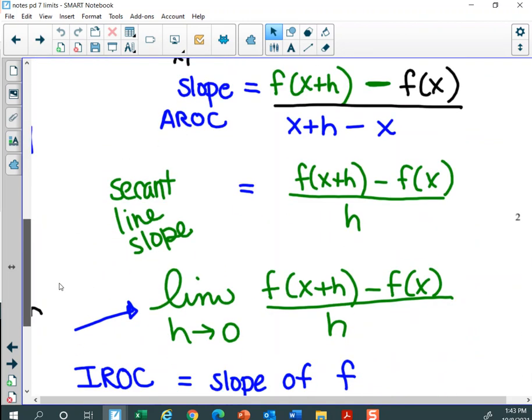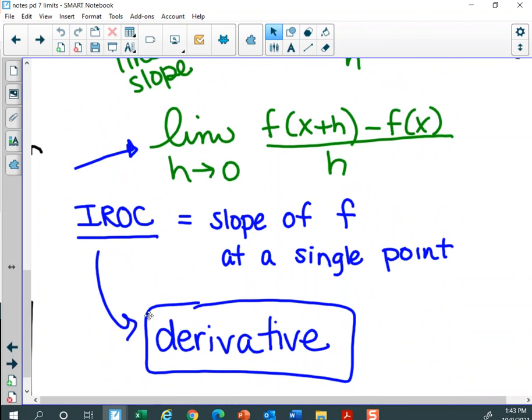And we went through the whole big thing to basically come up with the fact that this particular limit formula was going to give us the ability to calculate this thing called a derivative, or an instantaneous rate of change, or the slope of a function at a single point. IROC, abbreviation for instantaneous rate of change, just a synonym phrase for derivative. Slope at a single point.